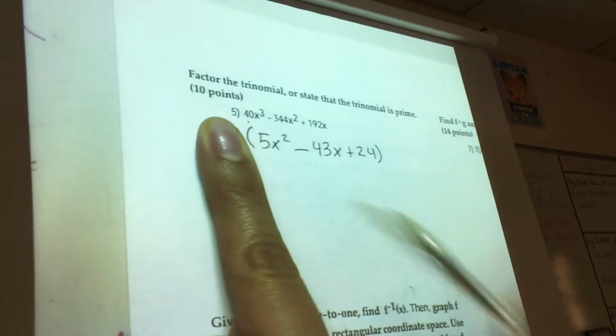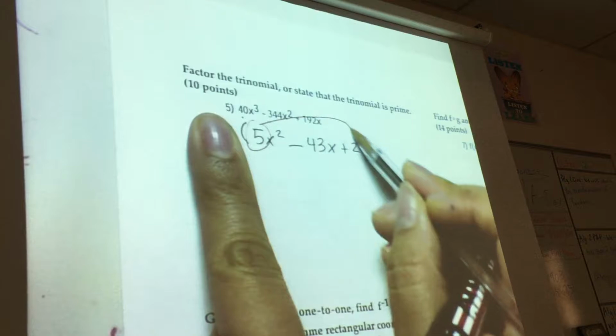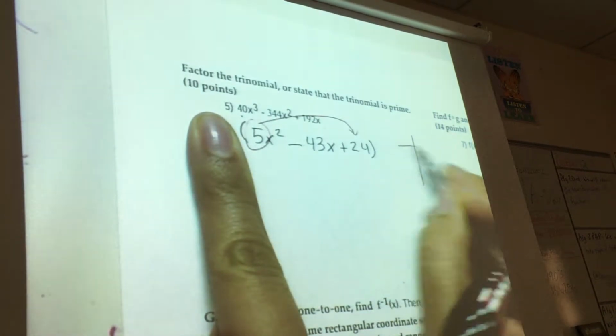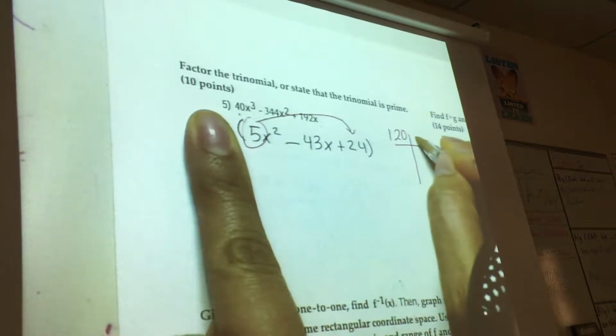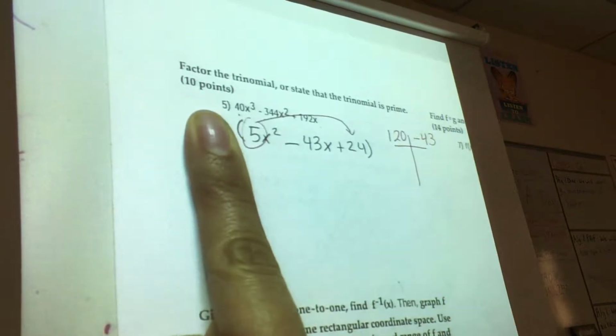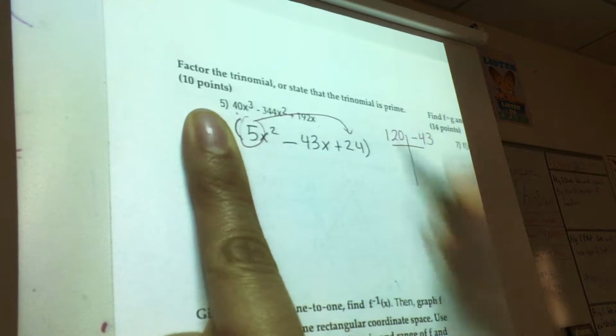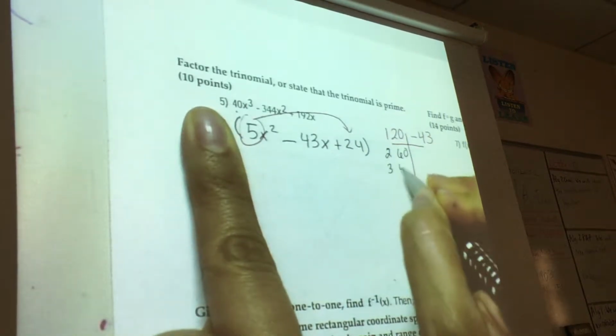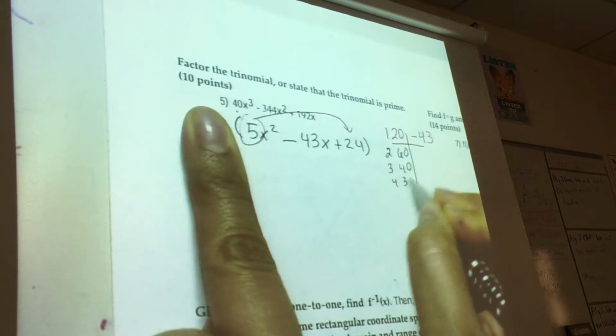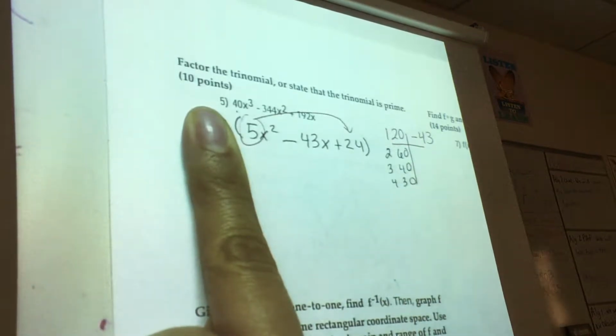So the rule says we take the 5 and we multiply times the last one. And when we do that, I get a 120 and a -43. Are we good with that? Yes. So I know it is 2 times 60, 3 times 40, 4 times 30, and I already found the one that gives me a 43.